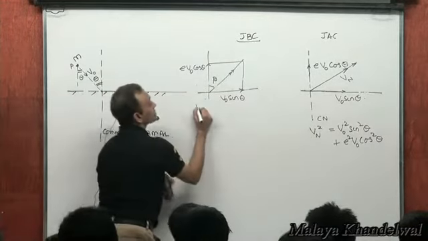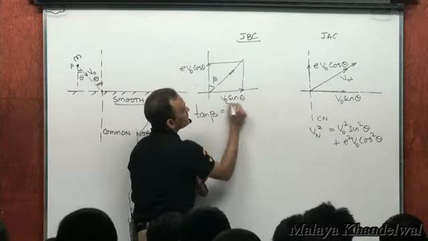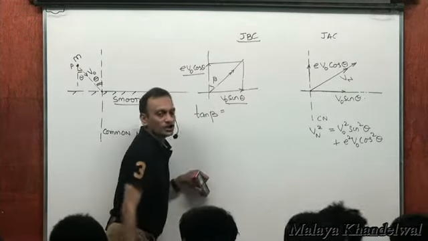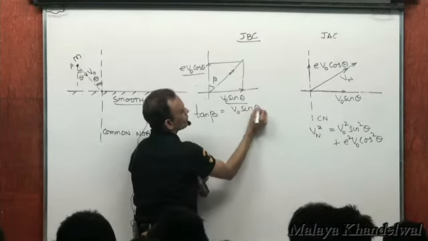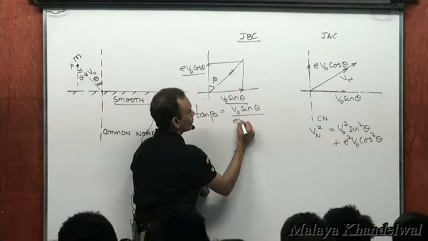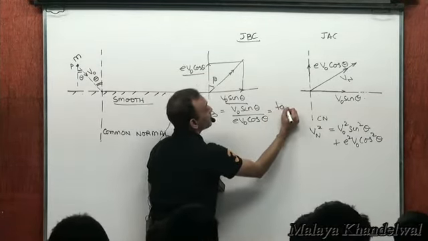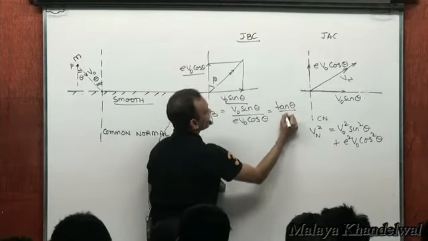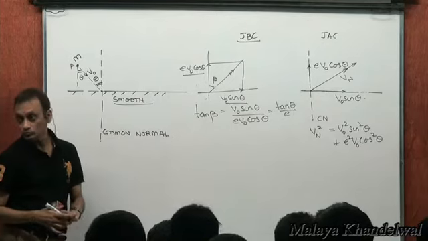Then do you realize that tan beta would be v naught sin theta divided by e v naught cos theta, which is tan theta by e? Sounds all right?